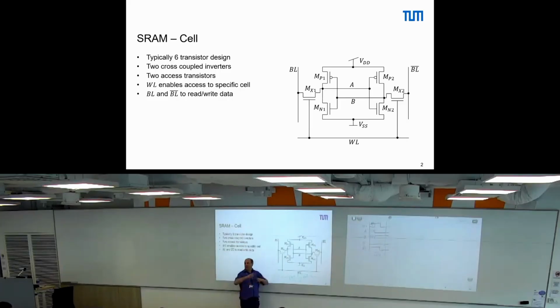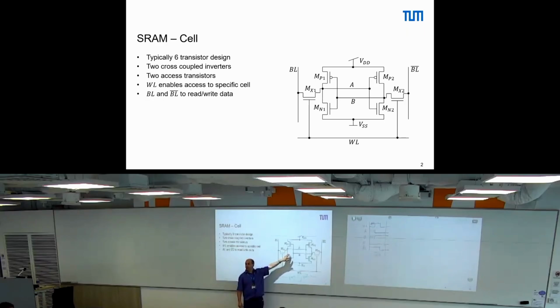So we actually change the role. Now if we drive both to ground, you can do this, yeah? But from a logic perspective, on a first glance, both internal nodes would be set to 0, right?